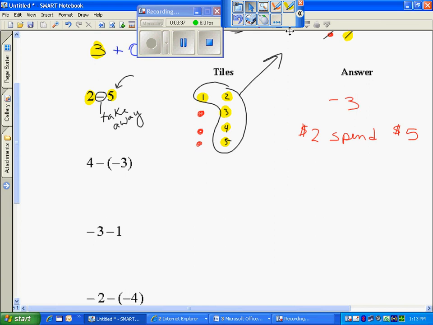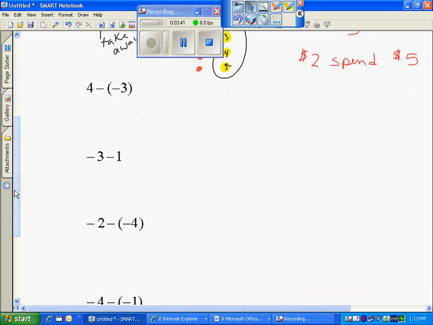0 is the one that allows us to do it with tiles and actually allows me to do any integer subtraction. 4 take away negative 3. So if I look at this 4, it's positive, so it's yellow in color. It says take from that negative 3.